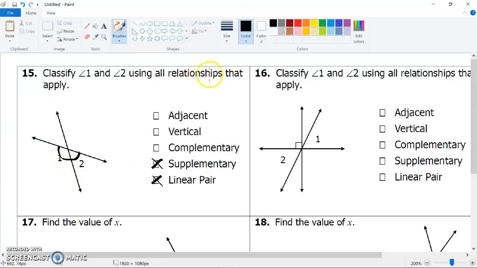And they are also right next to each other. I'm going to outline it for you. It's a little crooked, but you get the idea. Here's angle 1, and let me do angle 2.